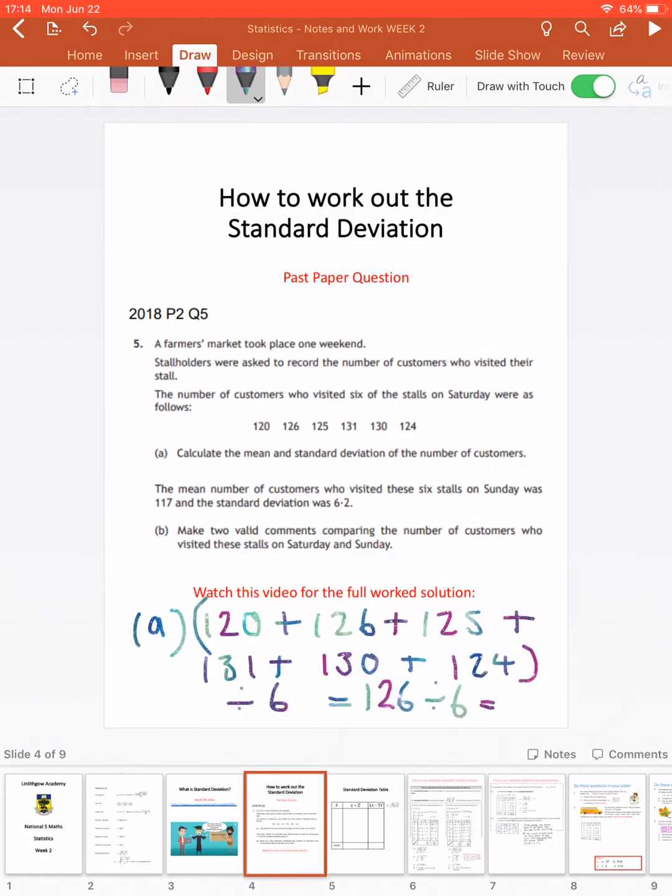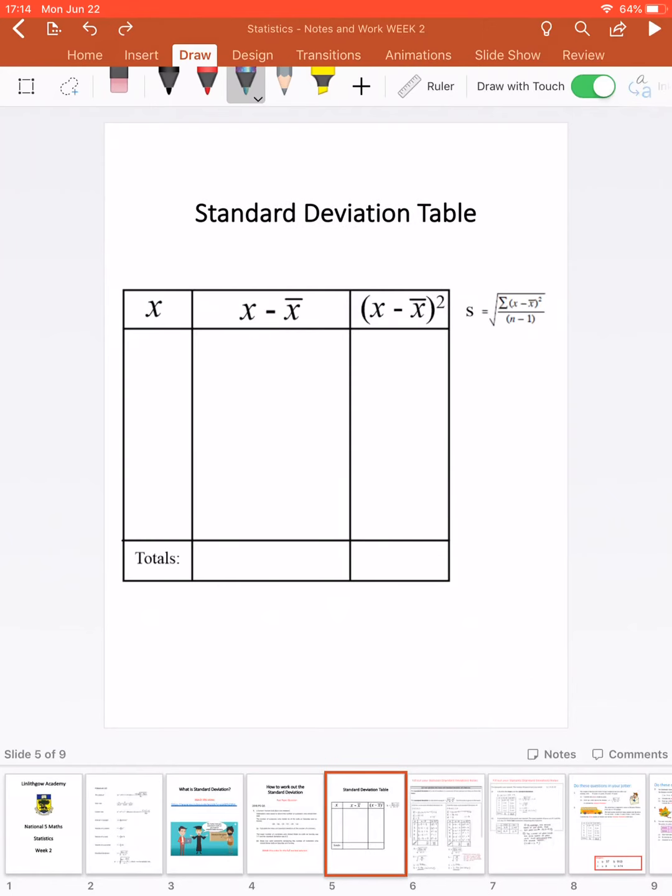Sorry, let me go back. Yeah, 126 is the mean. That was the division by 6 as well. So if the mean is 126, I am going to store that information here. That the mean is 126.